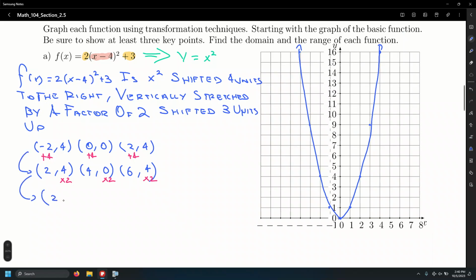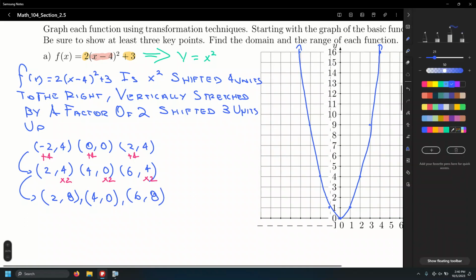The x's remain the same. 4 times 2 equals 8. 4 comma 0 times 2 equals 0. 4 times 2, another 8. Sounds good? Okay, let me highlight every operation.